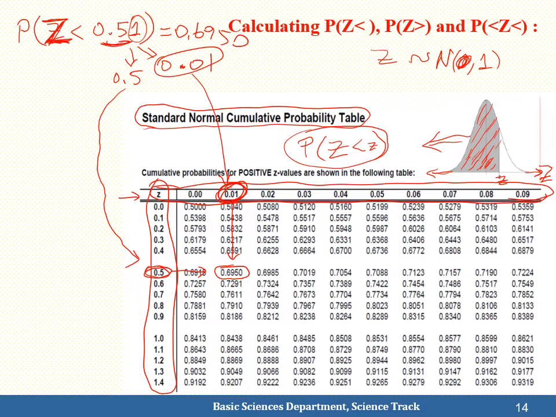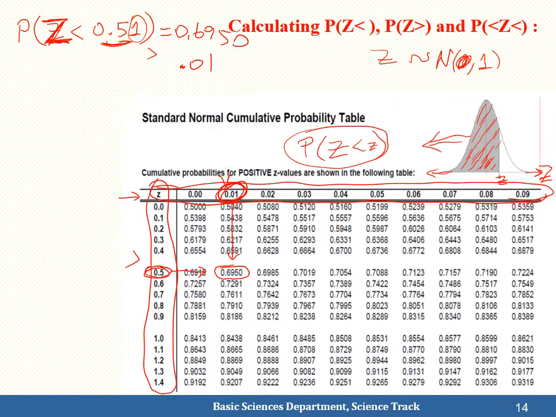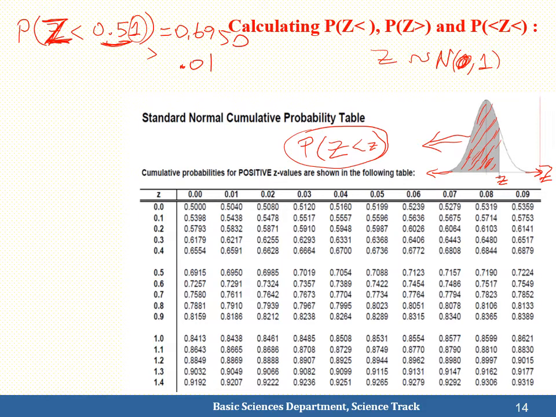Now let's do some more examples. What about the probability that Z is less than or equal to 0.5? In this case, we have to find this little z here. This is big Z, of course. Where is little z, 0.5? We know its first component is 0.5.